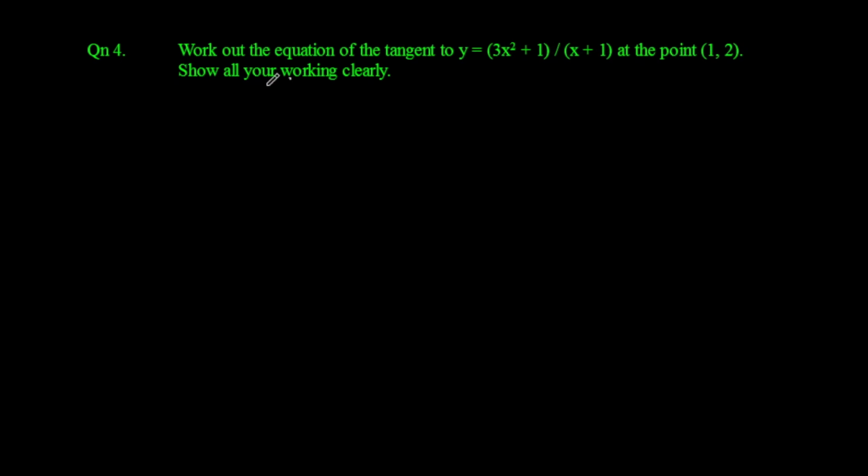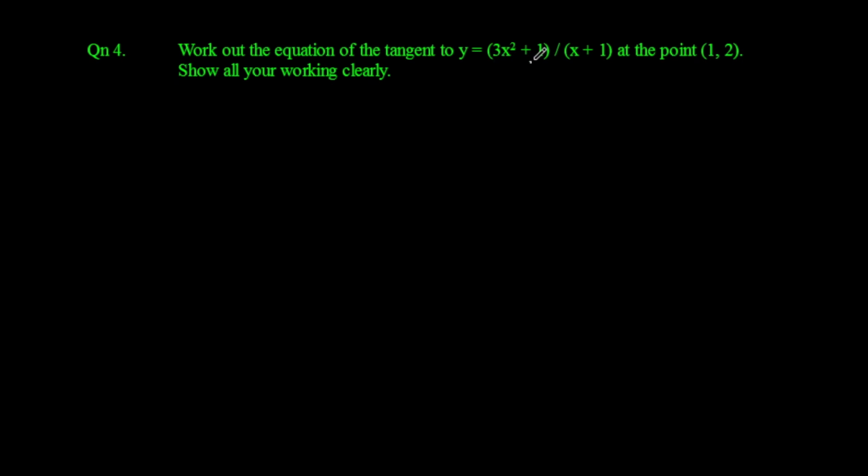Show all your working clearly. So here, what is the first thing we need to do? We first need to get the derivative of this curve, and then at this point we get a gradient, by substituting this value of x into the gradient of this curve.